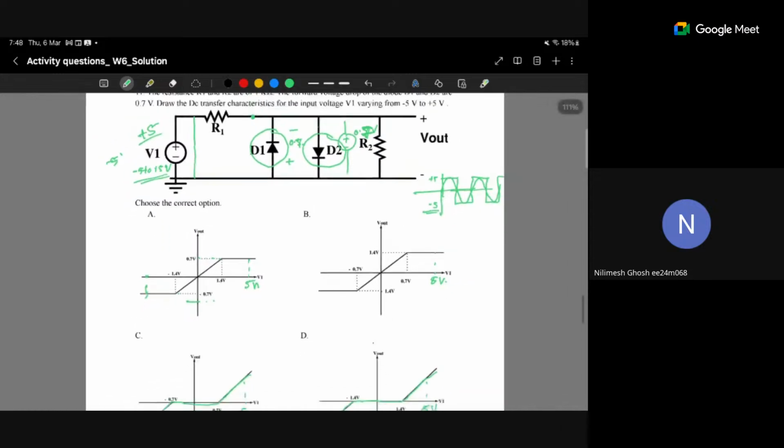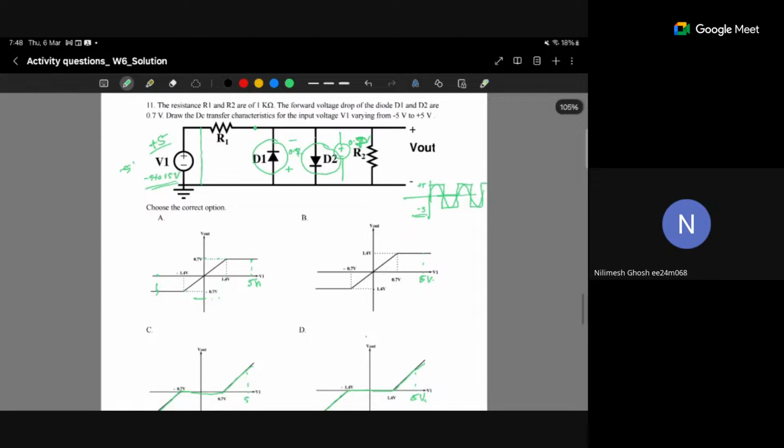Let's say we are increasing this voltage, and it is varying sinusoidally. Slowly we are increasing. Say this is 0. At 0.7 volt, one diode is reverse biased and will not come into the picture, but this diode will.